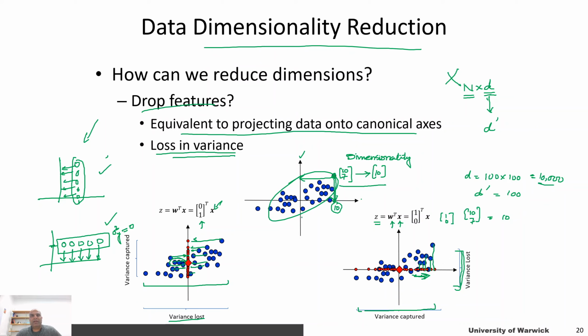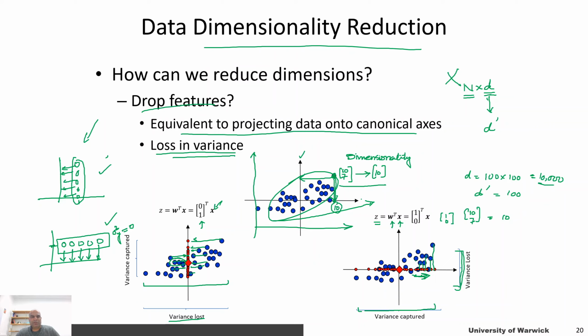Let's say I take a particular data set like this one, and if I project everything along this axis, there is a certain amount of information lost when I make this projection. If I project everything along this other axis, then there is a certain amount of information that is lost, right? Can I project my data along another axis? What happens when I project my data along this vector?